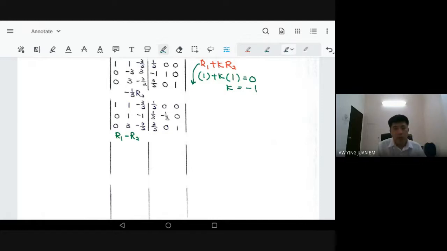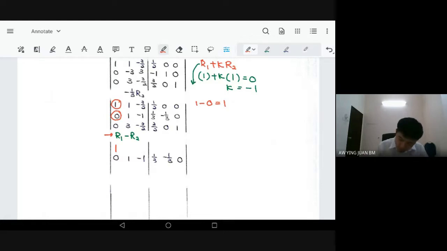Next, what we have to do is to copy the row 2, because for this situation, row 2 won't change. So kindly refer to the formula. So in here, we have row 1 minus the row 2. So we have 1.